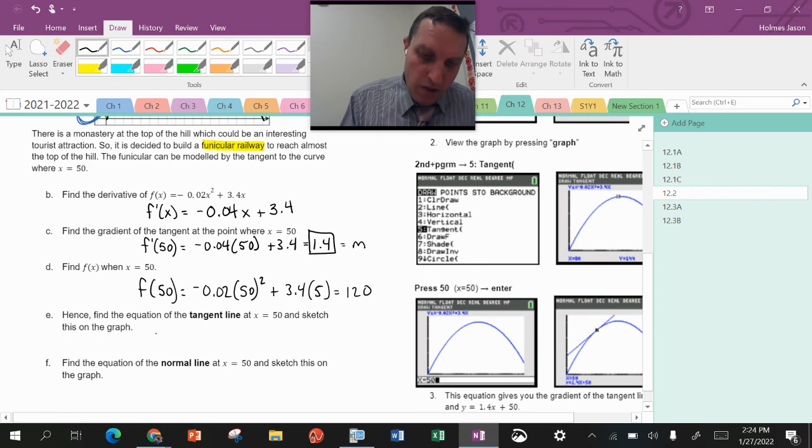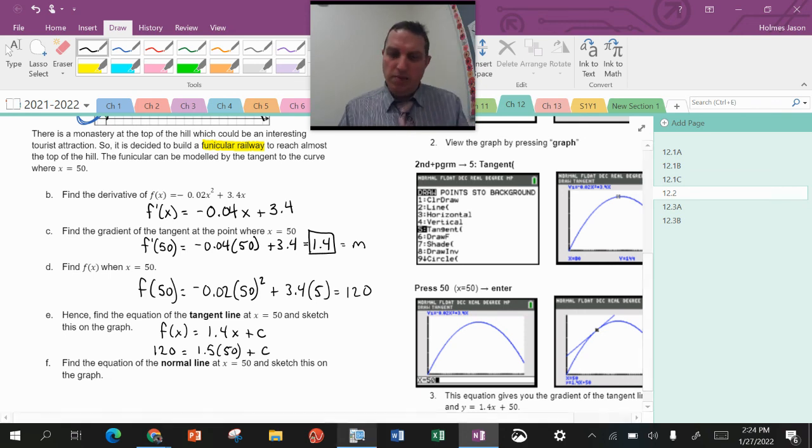So let's make it f of x equals 1.4x plus c. We choose our f of x to be 120, so 120 equals 1.4 times 50 plus c.